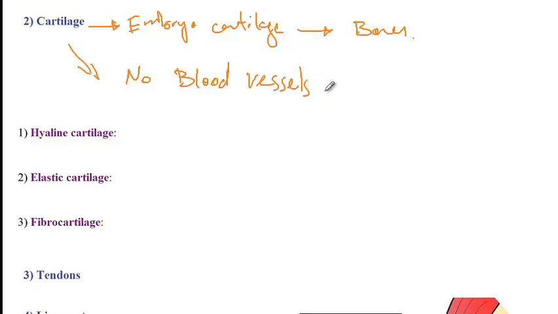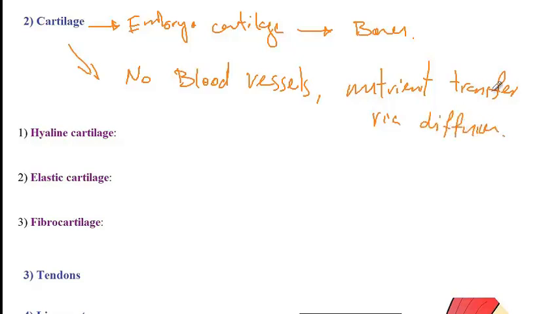So no blood vessels, so nutrients are being transferred by diffusion. And then regarding the different types of cartilage that we have, these include hyaline cartilage, elastic cartilage, and fibrocartilage. So let's start with the hyaline cartilage.